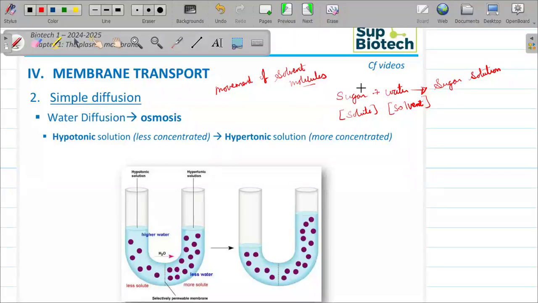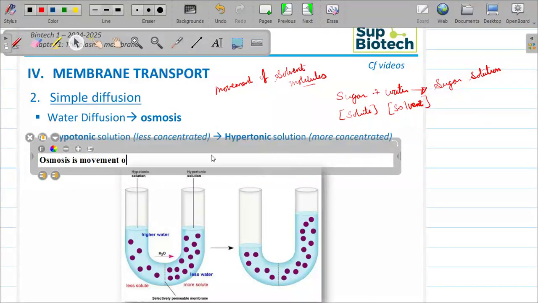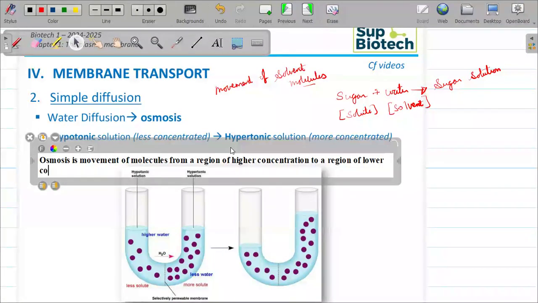The water molecule moves from higher concentration to a region of lower concentration. So in simple terms I can define osmosis as movement of molecules from a region of higher concentration to a region of lower concentration through a semi-permeable membrane.